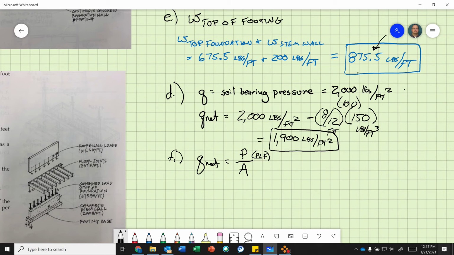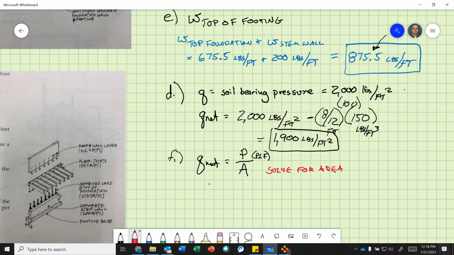So instead of 875.5 pounds, it's basically saying every foot there's 875.5 pounds on that foundation. So we can think of it that way. Divided by area. Okay, so we need to solve for area on a per foot basis.